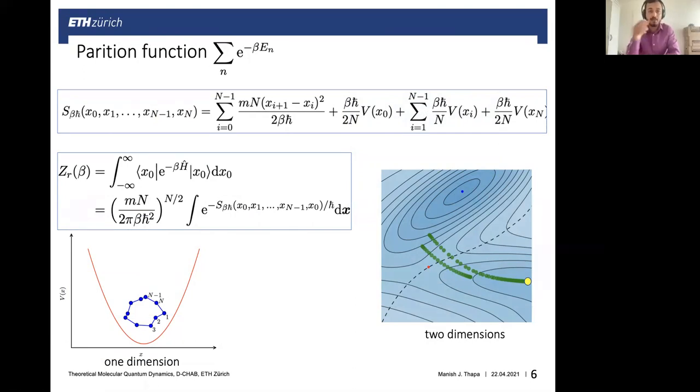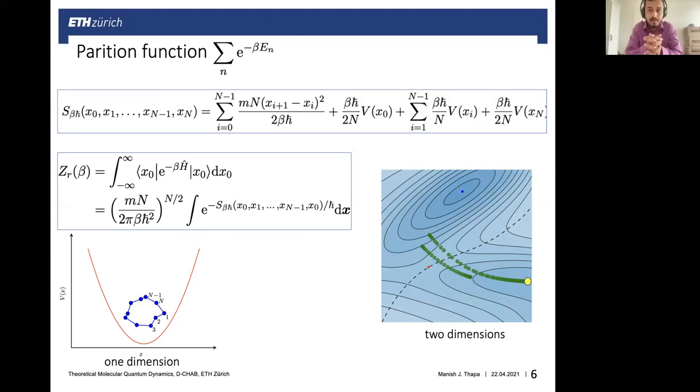To obtain this partition function, one essentially solves the Schrodinger equation, which gives you the eigenenergies, and you sum over the Boltzmann factors. But for a complex system, as I said, solving the Schrodinger equation is difficult. So one needs to find a better approach that has good scaling with system size.